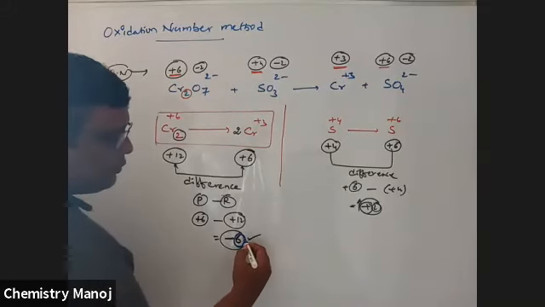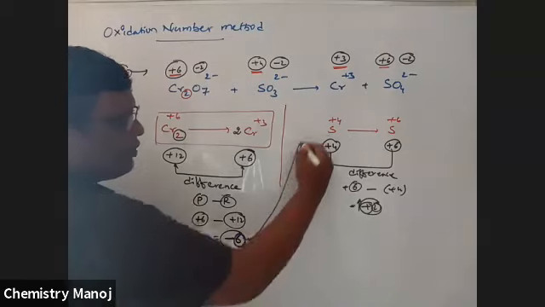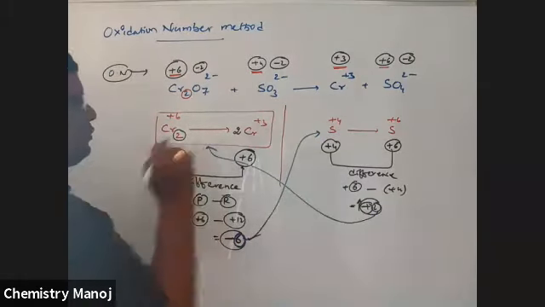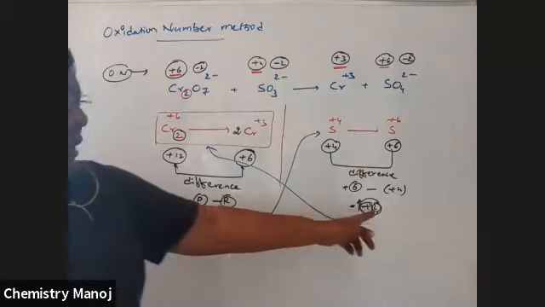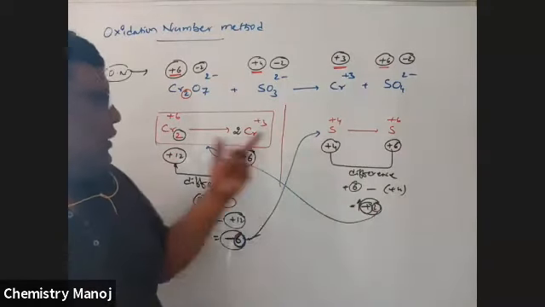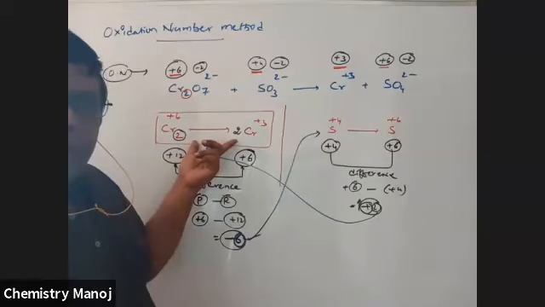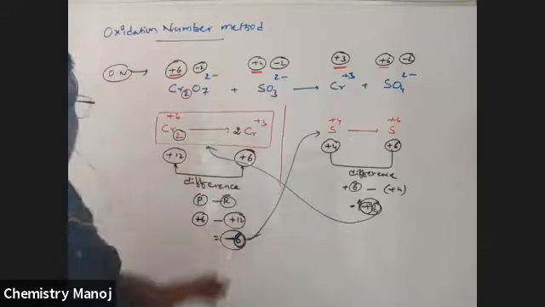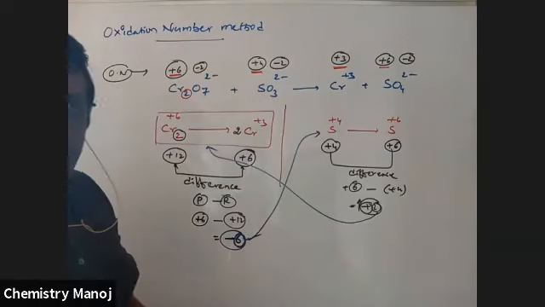Next, see here. Just take the magnitude value, not the sign. Multiply this difference value with that part, and that difference value with this part. I'm just going to do cross multiplication.